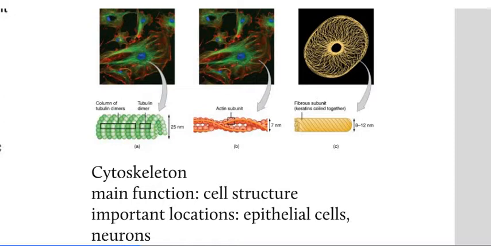As far as the cells that we're going to pay the most attention to the cytoskeleton in, it is in fact the epithelial cells and the neurons. When we get to talking about the white blood cells in ANP2, we won't necessarily talk about the cytoskeleton itself. And then in muscle cells, the cytoskeleton is adapted to a very specialized function which allows for contraction of the muscle tissue itself.